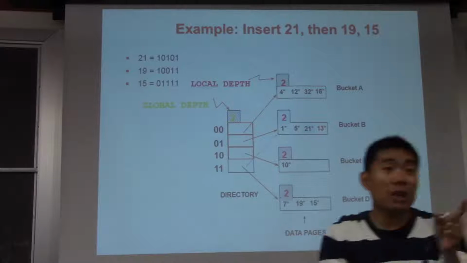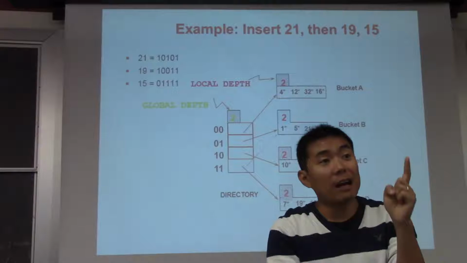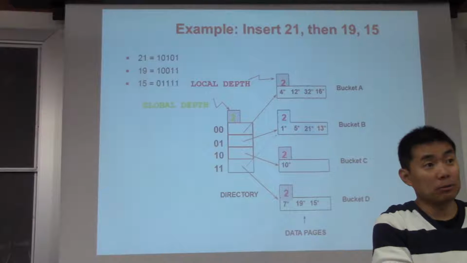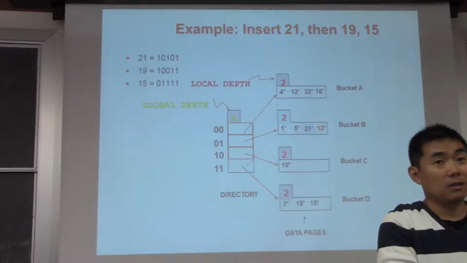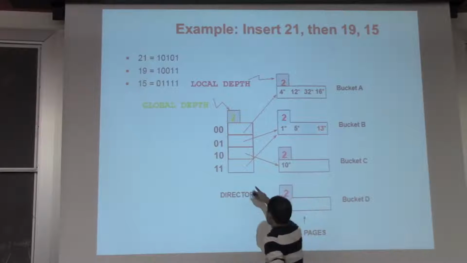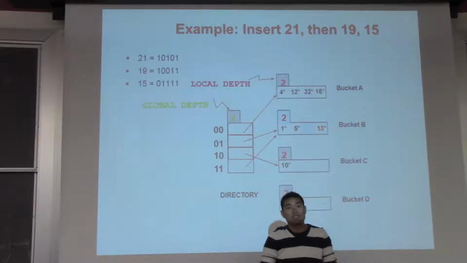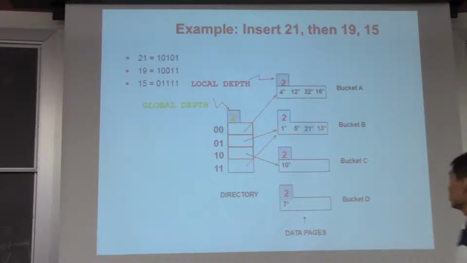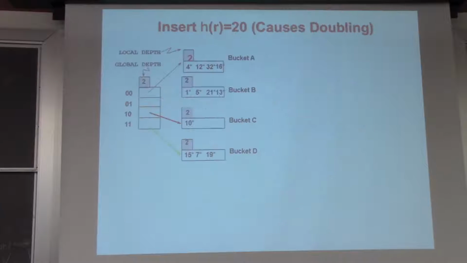That happens when your local depth value becomes larger than the global depth value. And then you don't have a spare pointer to leverage, essentially. So let's show an example of that.